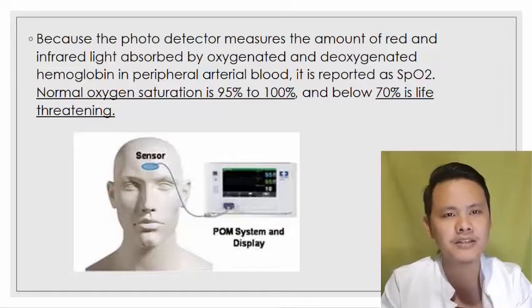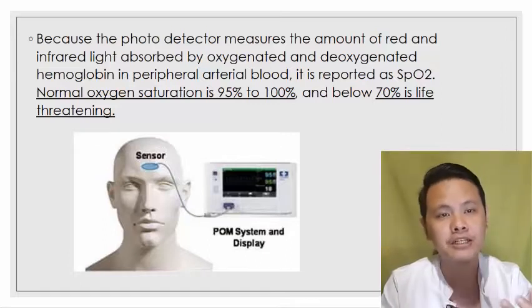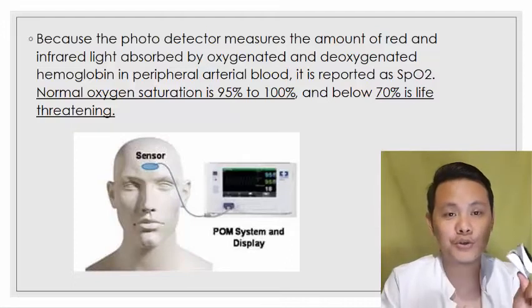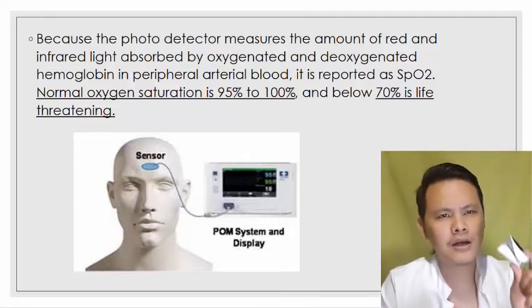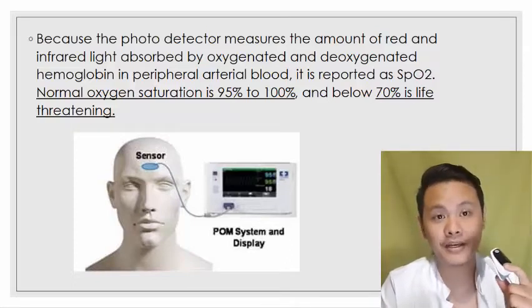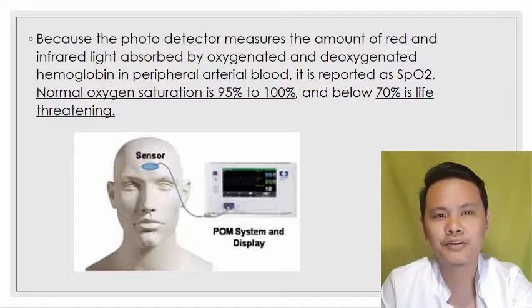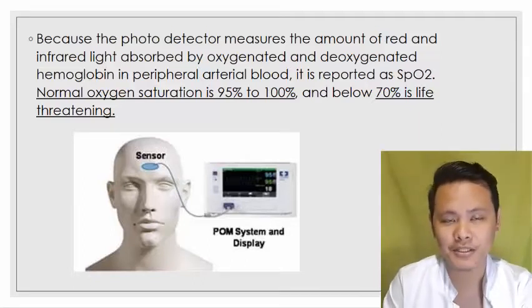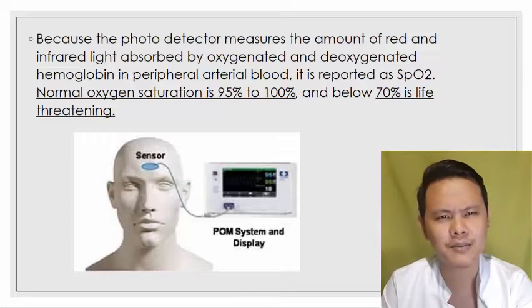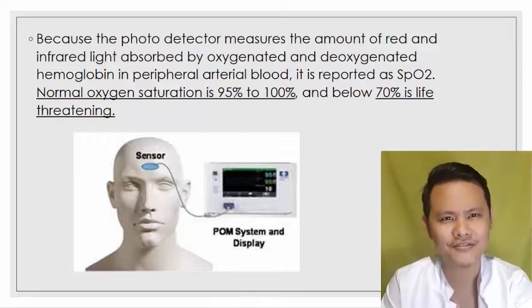Below 90%, yung iba nagkakaroon ng problema. So be sure na babasahin ninyo yung user's manual para malaman ninyo hanggang ilan ang kaya nitong i-read. Okay? But don't forget 95 to 100% ang normal na oxygen saturation natin. And then 70% is considered as life-threatening.